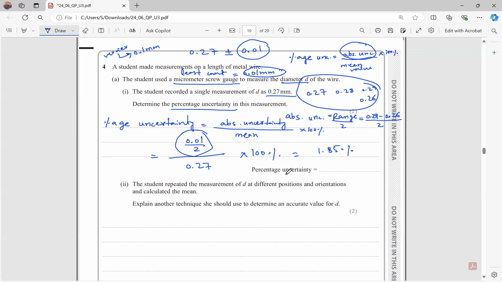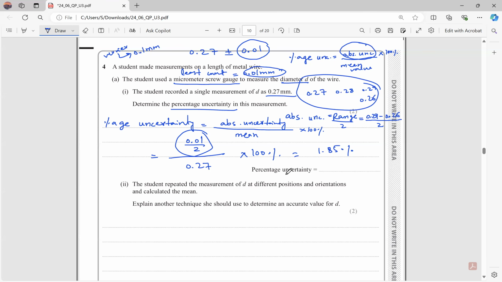Whenever you're dealing with devices like micrometer, vernier calipers, balance, etc., in all these cases, there can be a zero error in the system, right? It's natural.